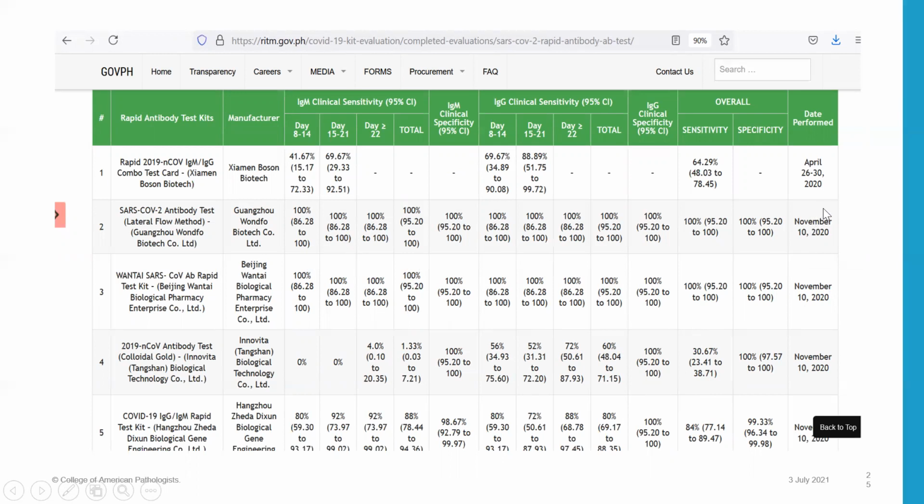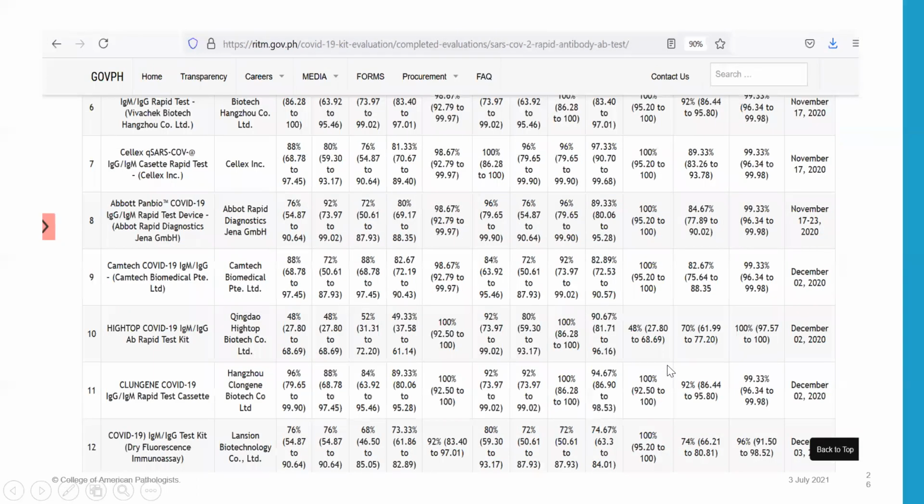And this testing started in April 2020. And you can see, for example, that one Thai SARS-CoV antibody kit is one of those that have passed the rigorous testing.